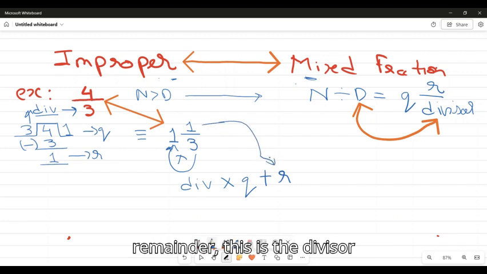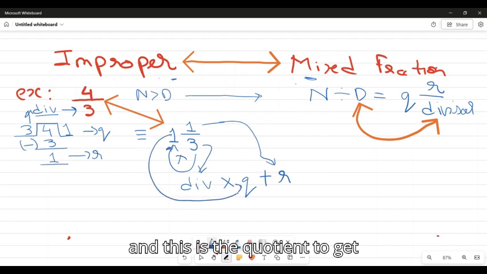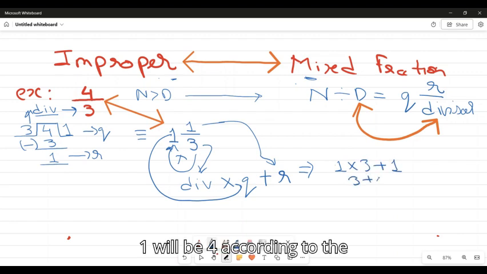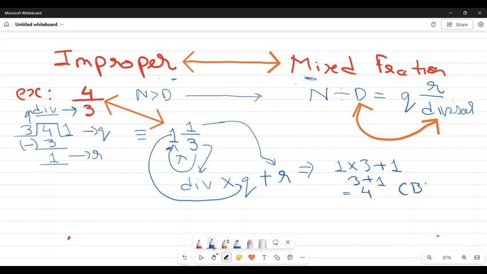This is the remainder, this is the divisor, and this is the quotient to get the equivalent of mixed fraction. So 1 into 3 plus 1 will be 3 plus 1 will be 4, according to the rule of bracket, division, multiplication, addition, and subtraction.